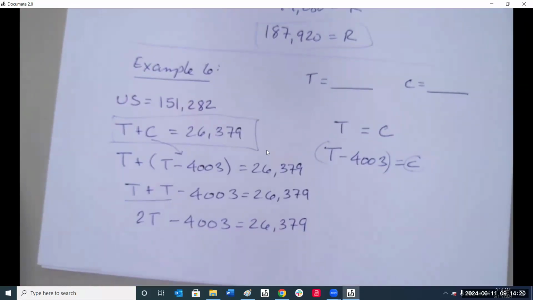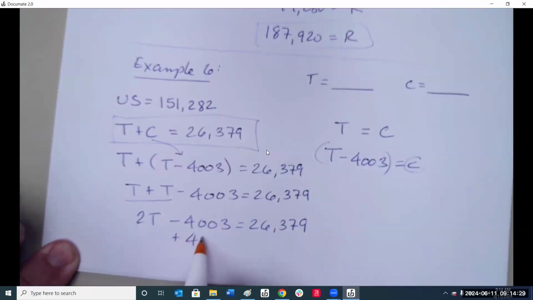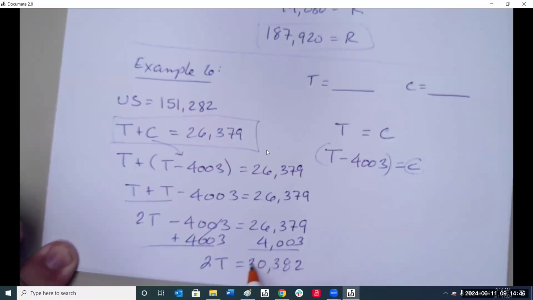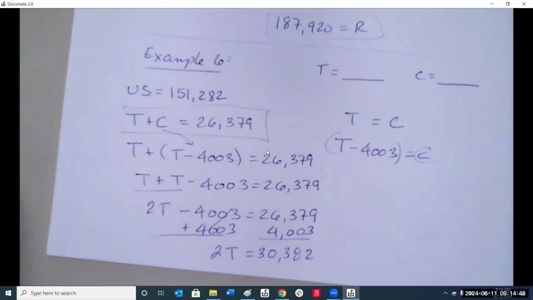Now what do we do? Very good. Add 4,003 to both sides. That gives us 30,382.